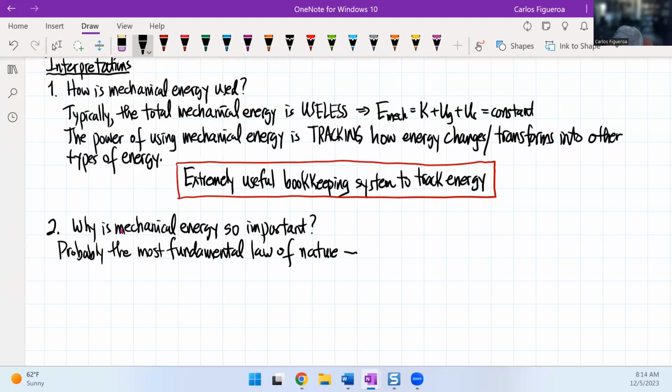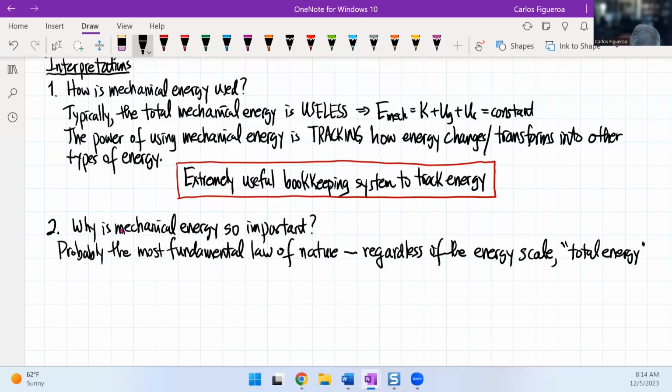And that means that regardless of the energy scale, mechanical energy, maybe I should not say mechanical energy, I should say total energy is a principle that holds at all scales.